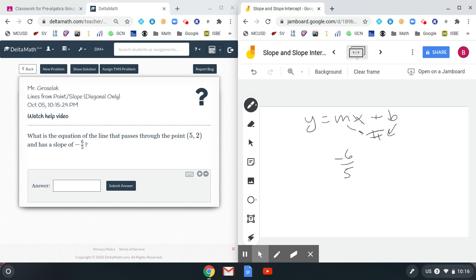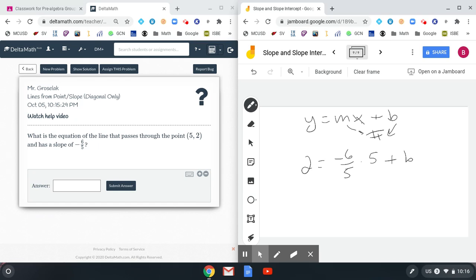So I'm going to use my point 5 comma 2. In for y, I'm going to plug in 2. In for x, I'm going to plug in 5. And then I can solve it for b. So the two things you need to solve for are m and b. Sometimes you're going to be given m.